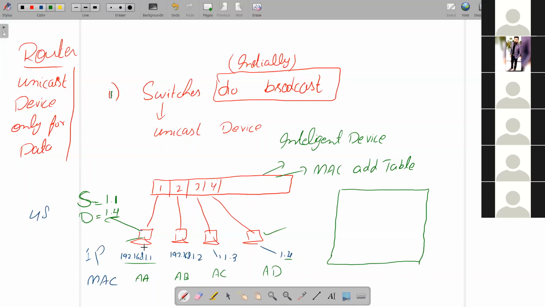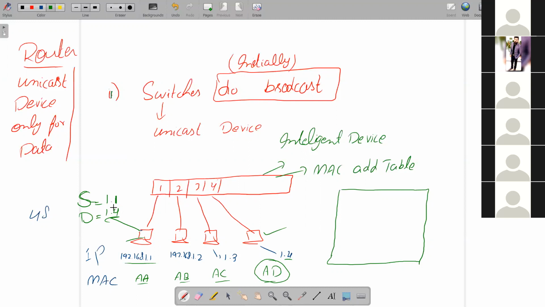This source doesn't have any information about the MAC address of this machine. This is understood. Because we cannot assign MAC addresses to the machines, we only play with the IP addresses. Being a network administrator, you can assign multiple networks and IP addresses, but you cannot assign the MAC addresses to the machine. This is by default, from the manufacturer side.